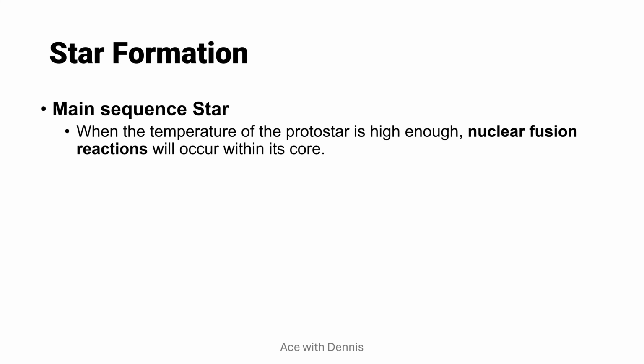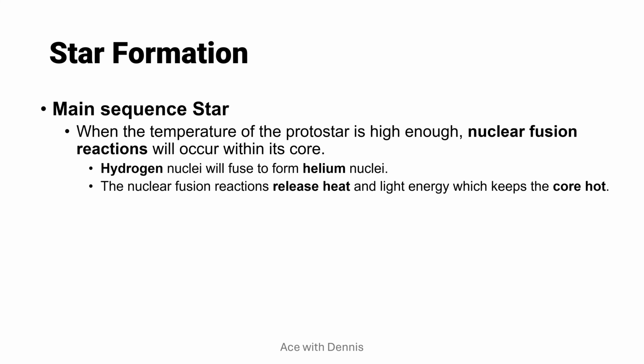The third stage of star formation is the main sequence star. When the temperature of the protostar is high enough, nuclear fusion reactions will occur within its core. Hydrogen nuclei will fuse to form helium nuclei. The nuclear fusion reactions release heat and light energy which keeps the core hot.